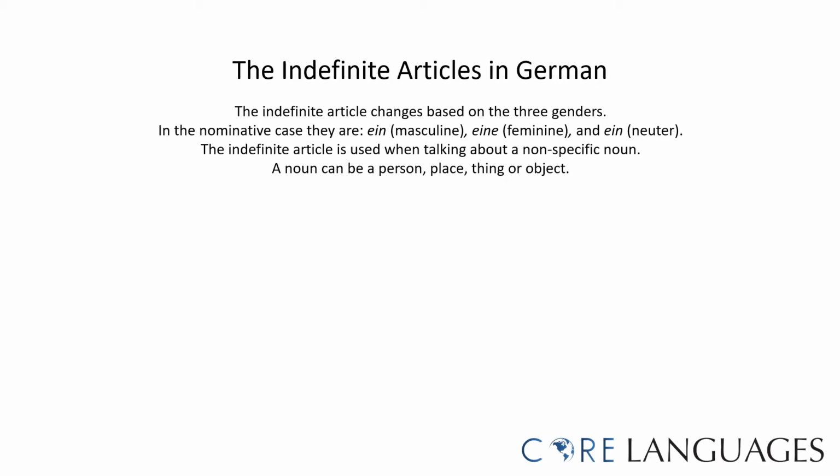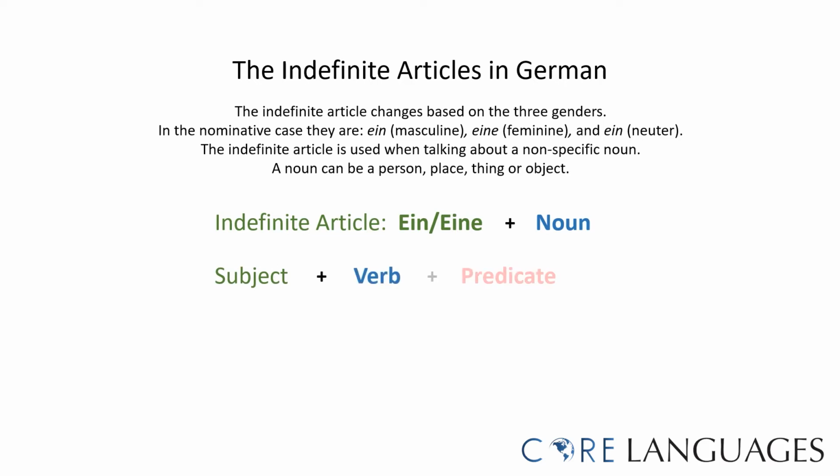The indefinite article is used when talking about a non-specific noun, and a noun can be a person, place, thing, or object. An article is placed before the noun. Ein, eine, and then the noun. In the sentence, we would have the subject, the verb, and the predicate.